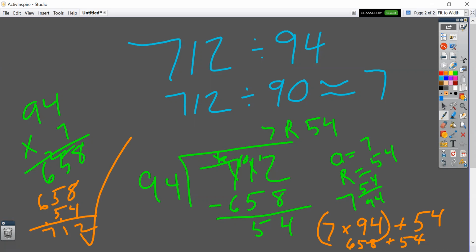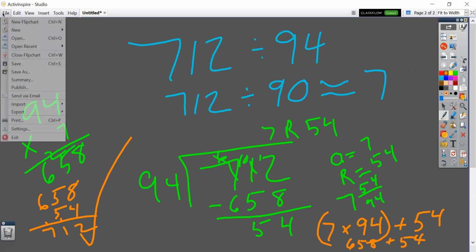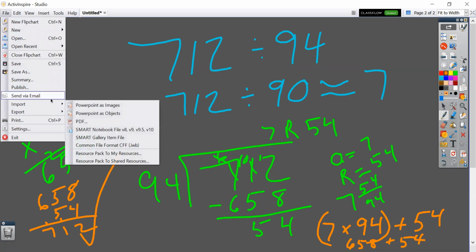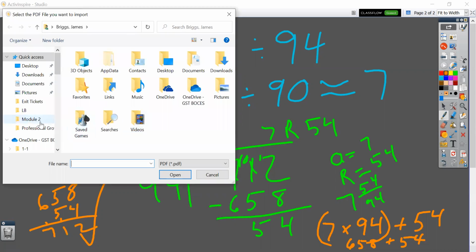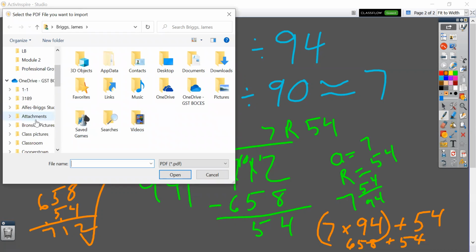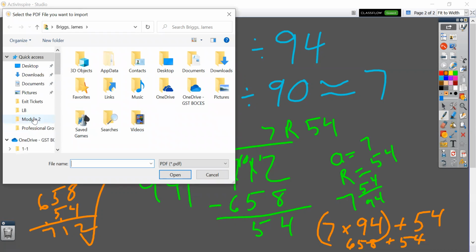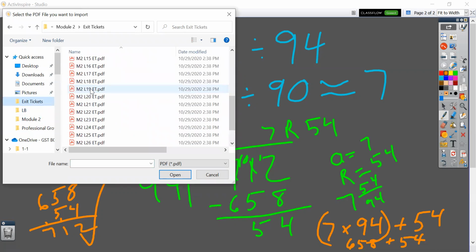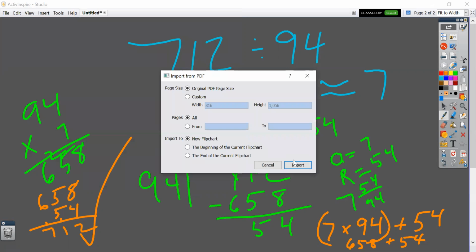Now, actually, I want to import the problem set and challenge you to think about one of the word problems that you're going to have to do. Where is it? I don't know if you can see my page or just see the work while I'm scrolling through these pages to look for exit ticket 21. Here we go. It's opening up, importing it.